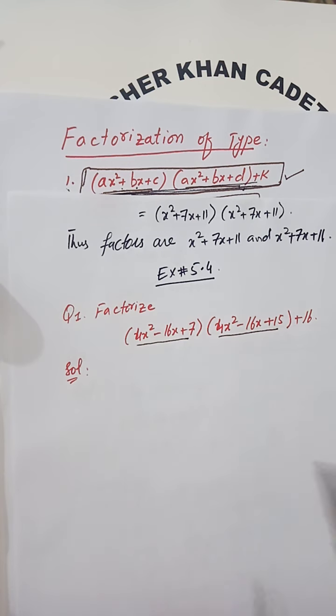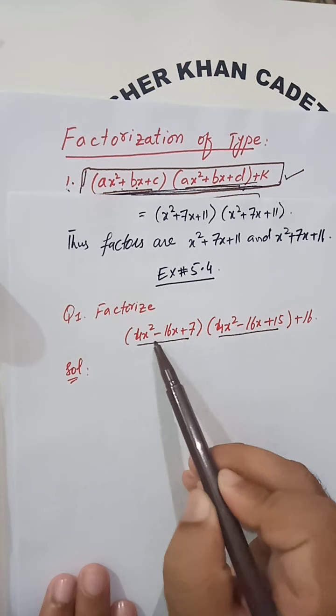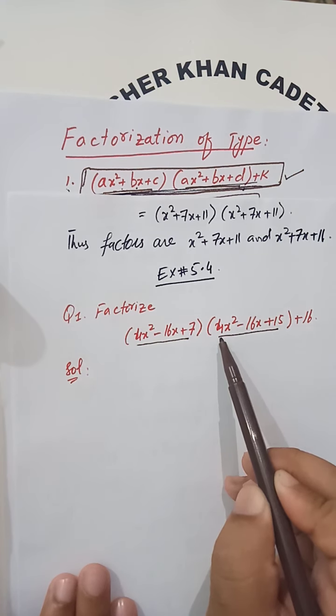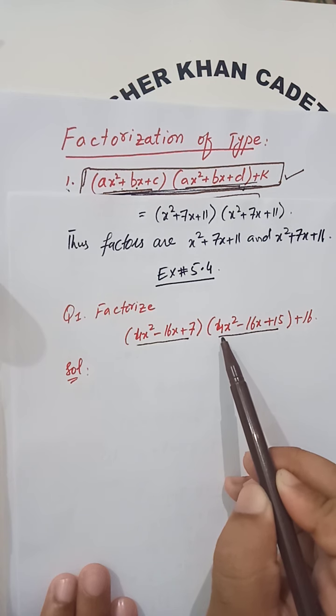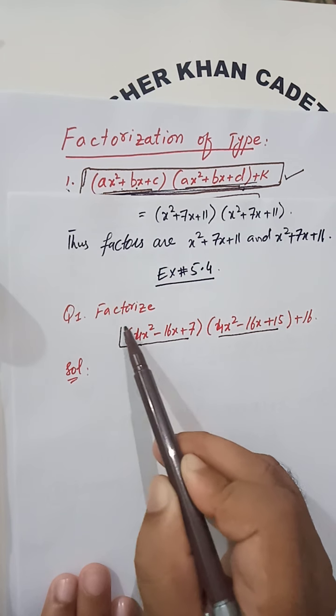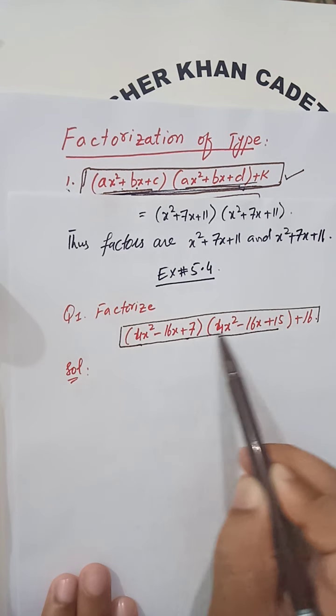You see that the first 2 terms in both these quadratic algebraic expressions are similar. So you need to factorize this whole.